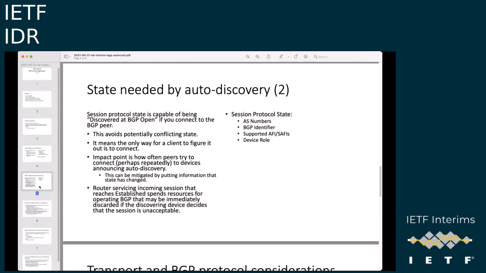A potential mechanism that lets us avoid beating up on the receiving peer is to include as part of the session state a version number, sequence number, nonce, pick whatever the appropriate term is that we arrive at, that lets you know that the session's configuration has changed. It makes sense for you to try again. So this potentially provides us a much lighter weight piece of state that can be carried in the protocol that still lets us largely use discovered open.